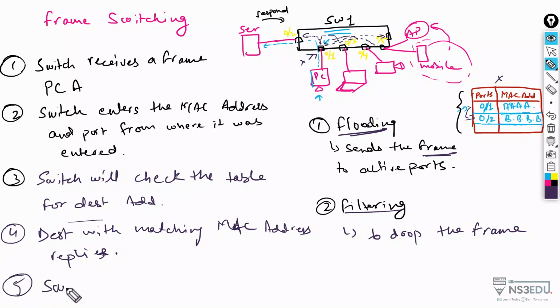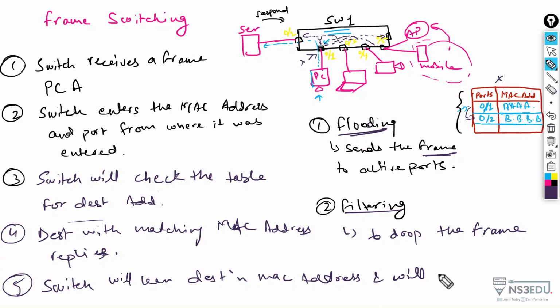After that, the switch is going to learn the destination's MAC address, and it will populate the MAC address table. These are the 5 points here.